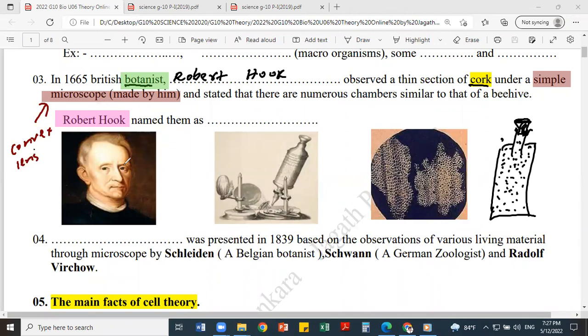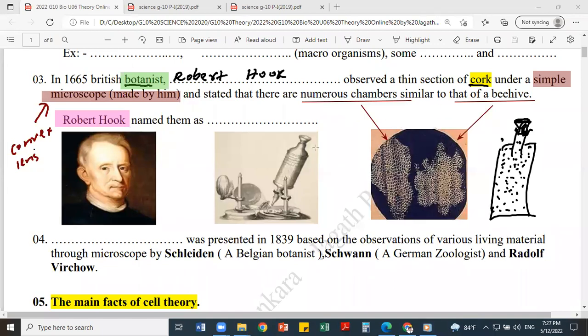So he observed numerous chambers, like in a beehive. Numerous chambers means cavities, like those of a beehive. That's what they have shown here.